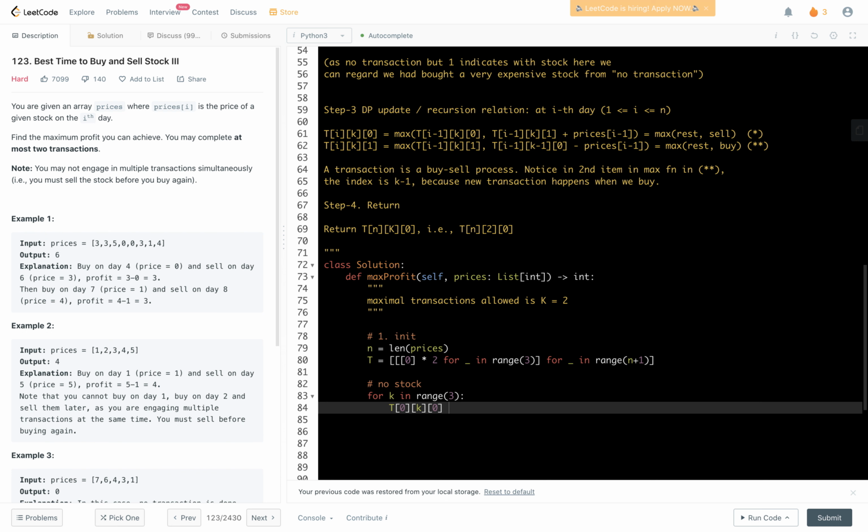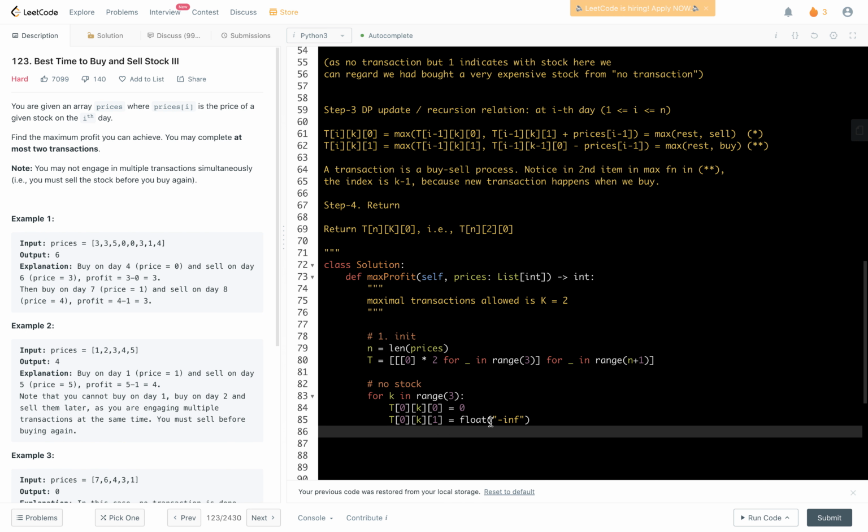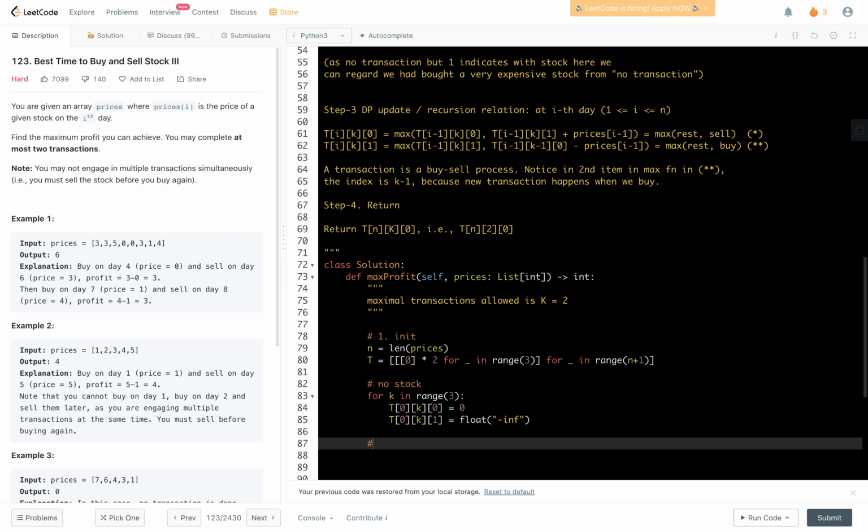If we do not have stock ending at this day, we set it to be 0. So this is a normal state. And then we set t0, k, 1 to be float negative infinity. So we can interpret that we bought a very expensive stock.